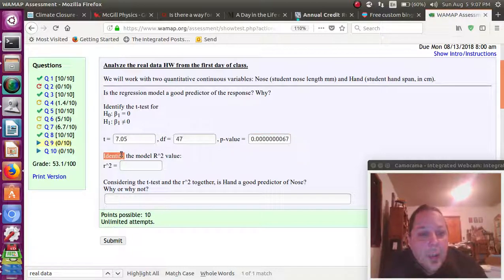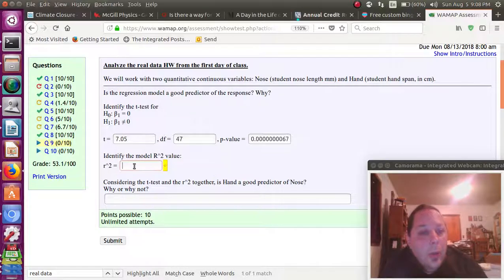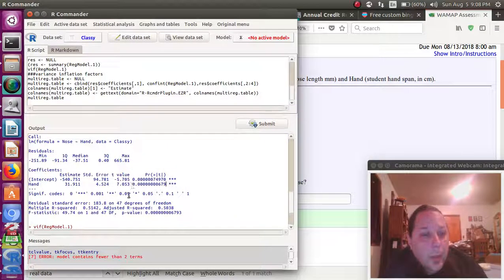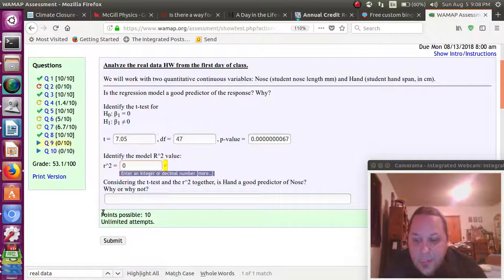But we've got something else with regression we consider, which is R squared, the model R squared, which tells me the strength, the percentage of variance that's shared between the two variables. So a multiple R squared is 0.5142. 0.51 is sufficient. That means 51% of the variance is overlapping between these two variables. So is this a good model? Well, 51% of the variance can be explained.